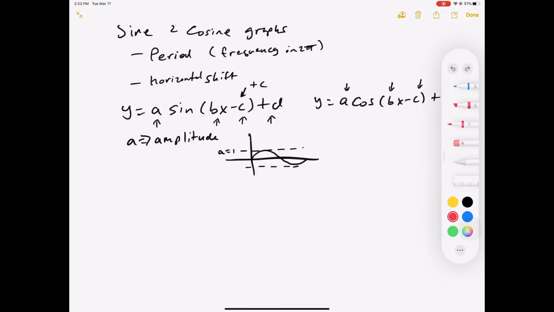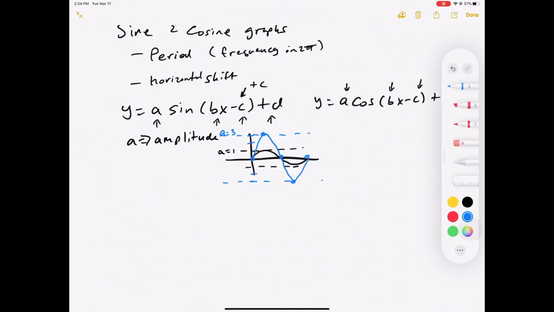And then if my A value was 3, 1, 2, 3. I draw these little dotted lines to help me keep my graph in line. So we'd be up here, 0, down, 0, up, down.